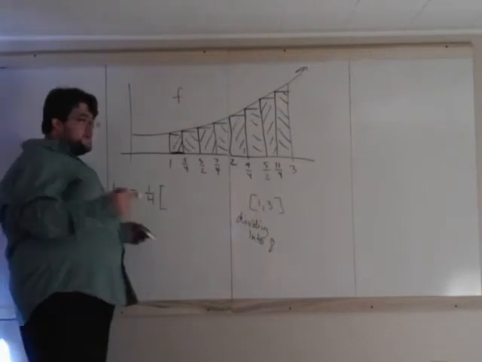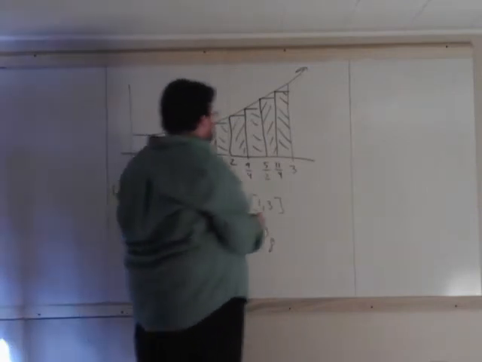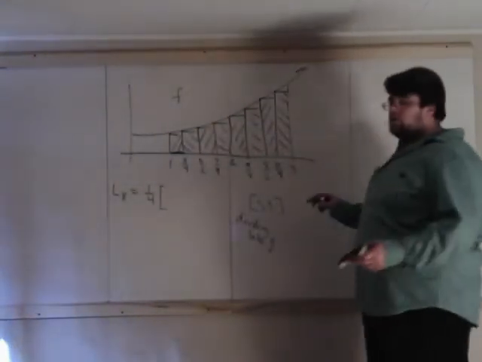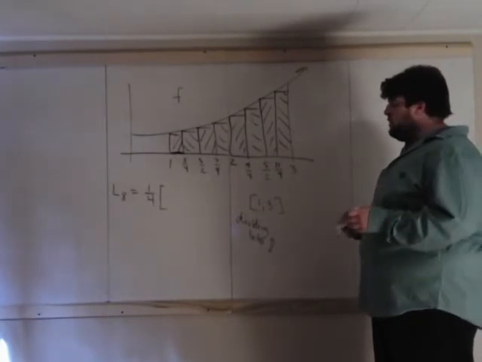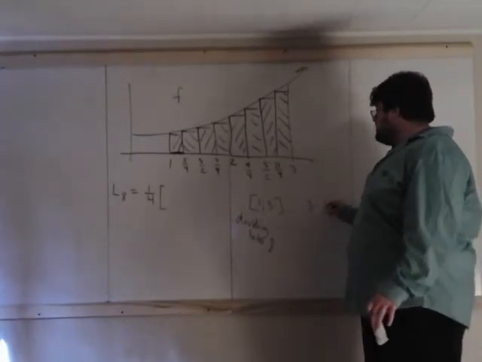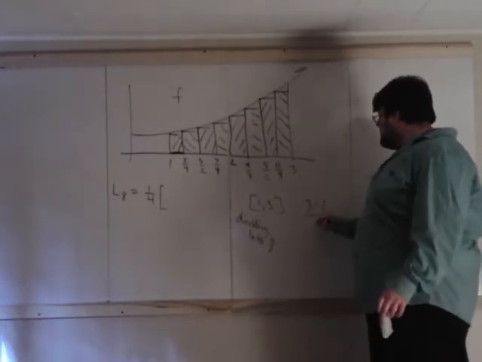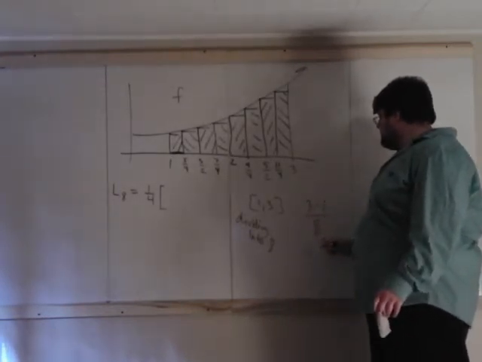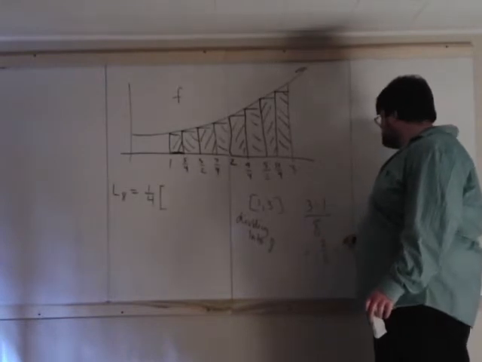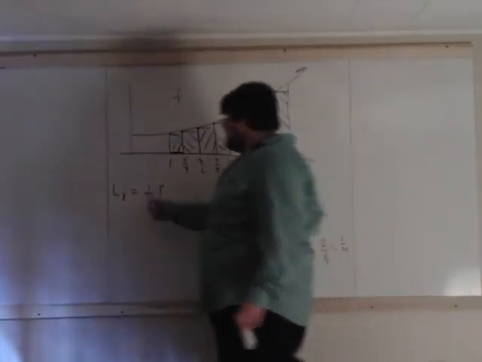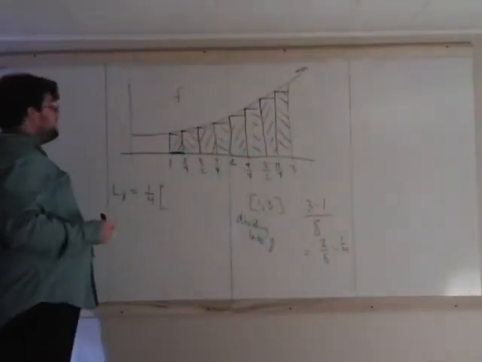Well, if we're dividing it into 8 equal pieces, which we are, the interval 1 to 3 has length 2. That's 3 minus 1. We're dividing that into 8 pieces. So we get 2/8, which is a quarter. That right there would tell us the length of the side.